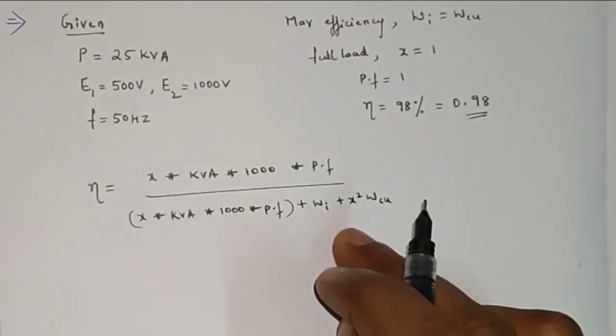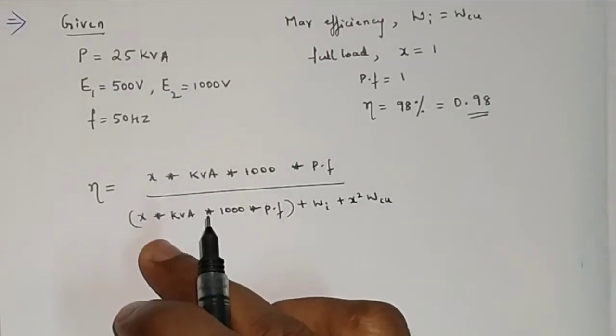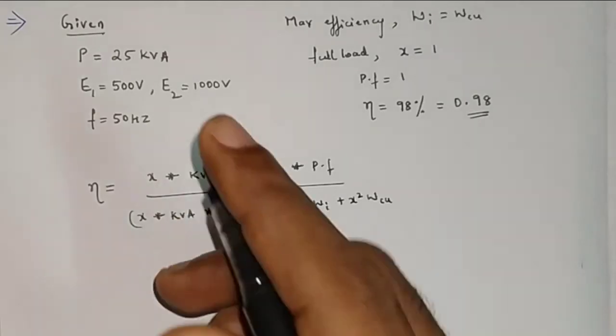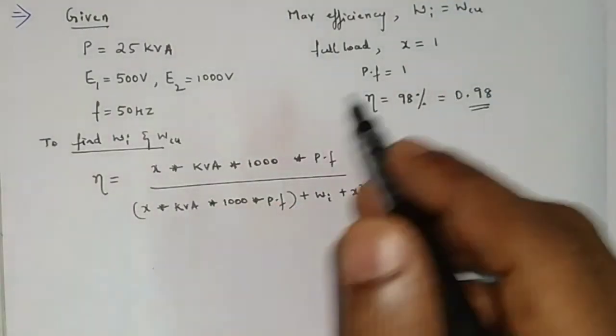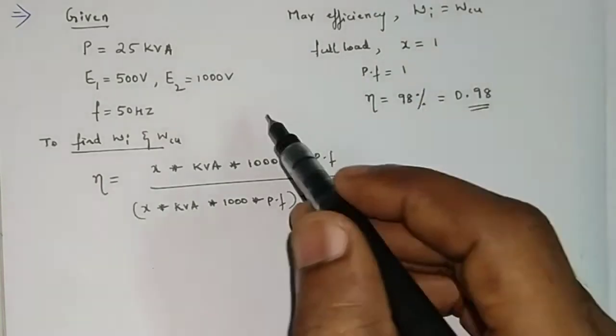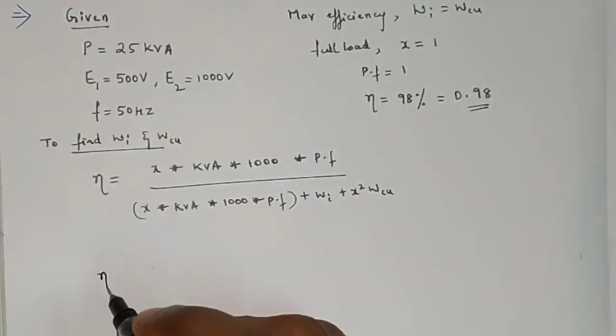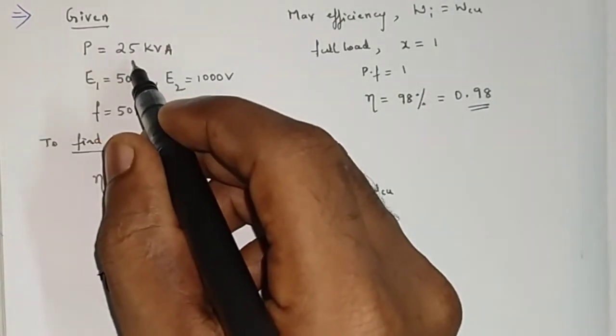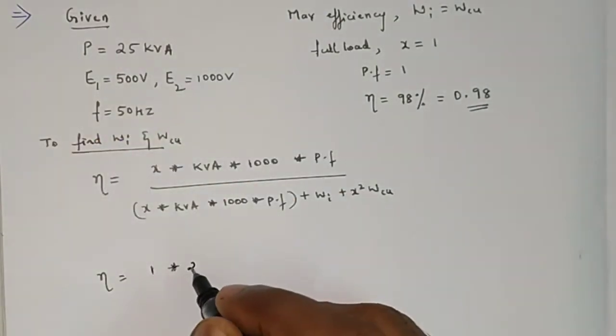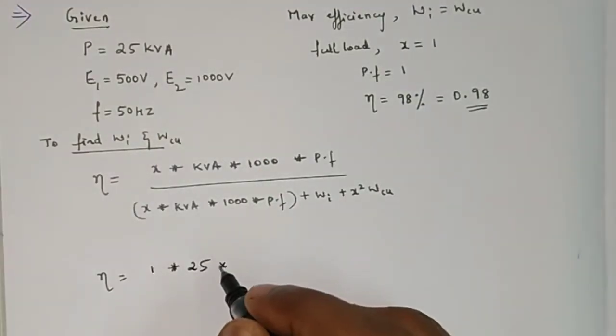So write down the efficiency formula. Now by using this formula, I'm going to find out iron loss and copper loss. Just substitute the values which are given, which you have written here from the question. So x is given as 1. In the place of x, for full load, substitute 1, into kVA, which is the power rating of the transformer and is constant, given as 25 kVA.